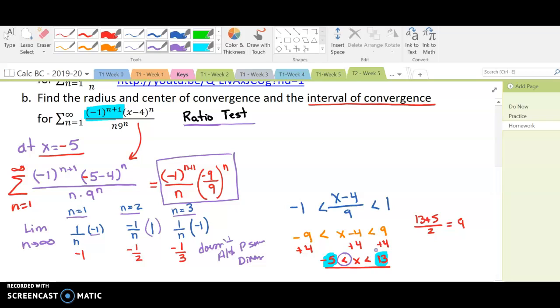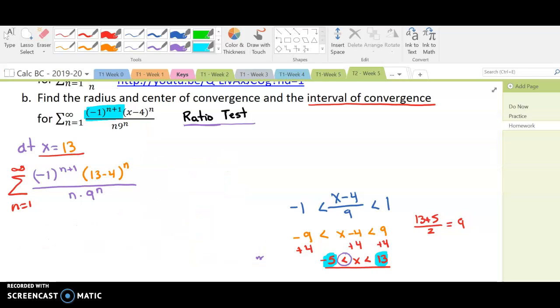And now we're going to check the endpoint when x equals 13. We'll rewrite this for that. And now we have 13 minus 4 is 9 to the n. Same exact thing, numerator and denominator. Those are going to cancel out exactly.